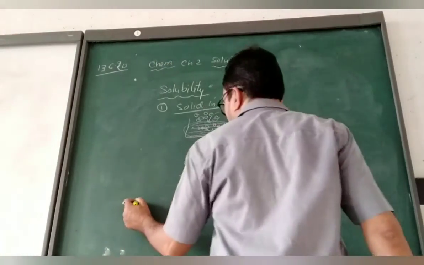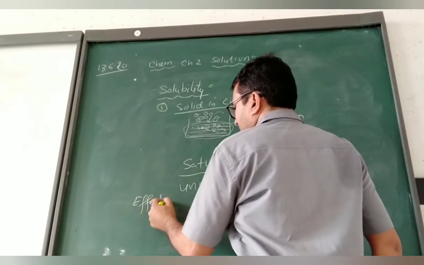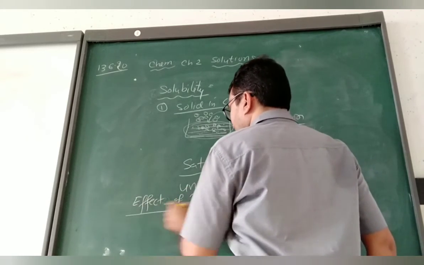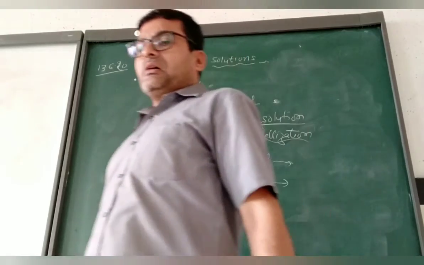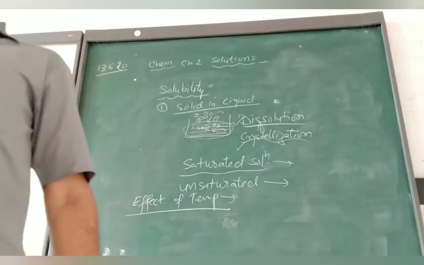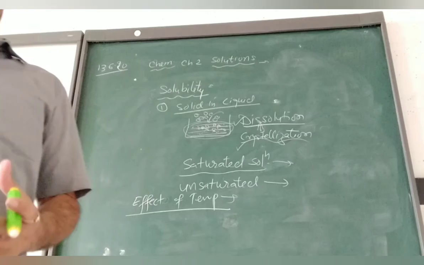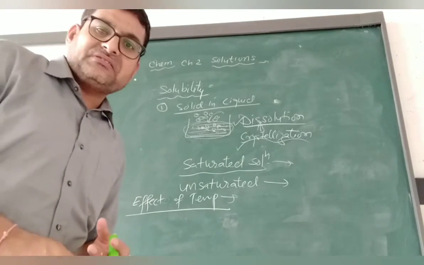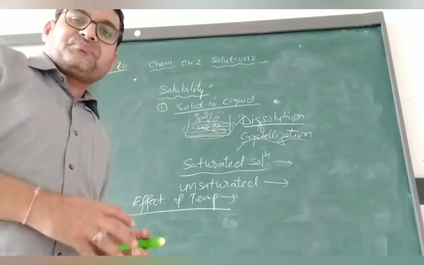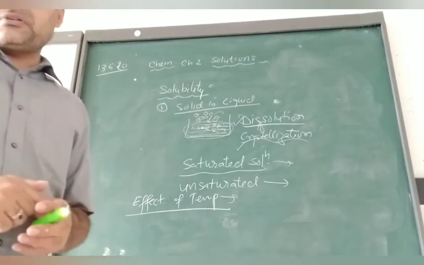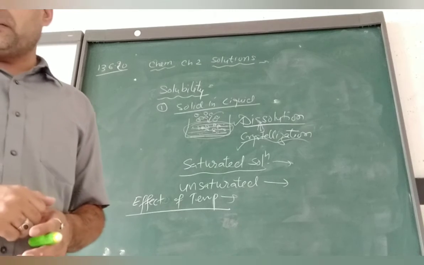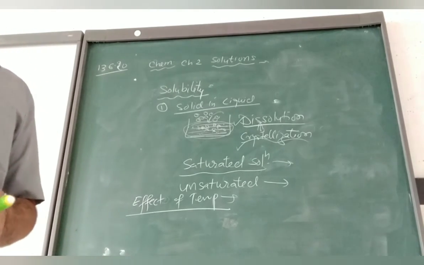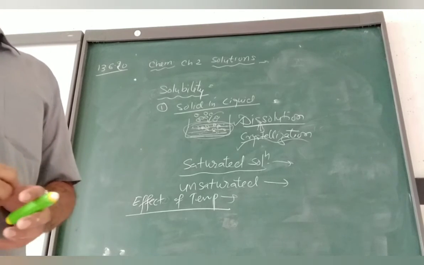In the effect of temperature, the solubility of a solid in a liquid is significantly affected by temperature. Why? Because on heating, the collisions take place, more product is formed, so obviously the reaction rate increases. As the equilibrium is dynamic in nature, this follows Le Chatelier principle.